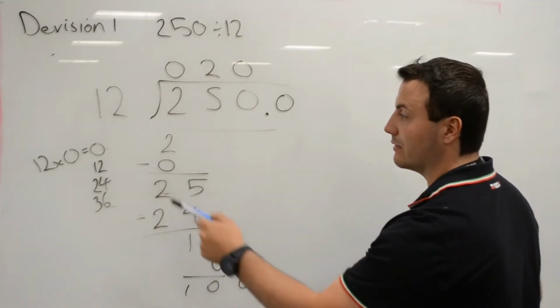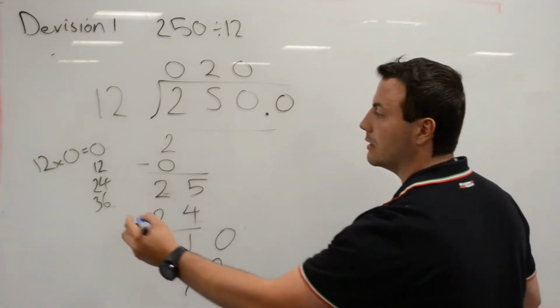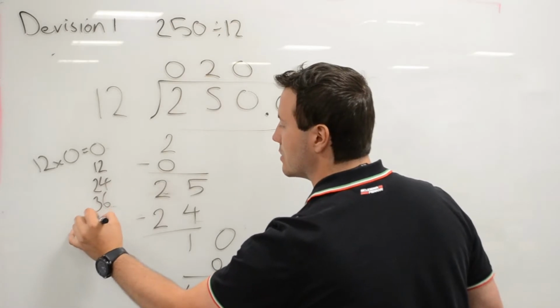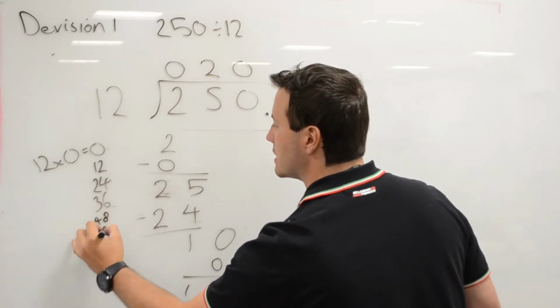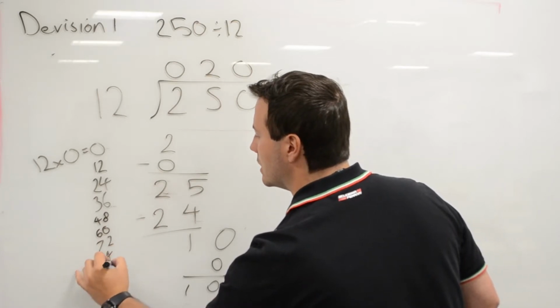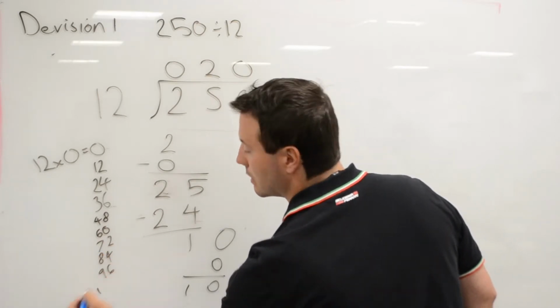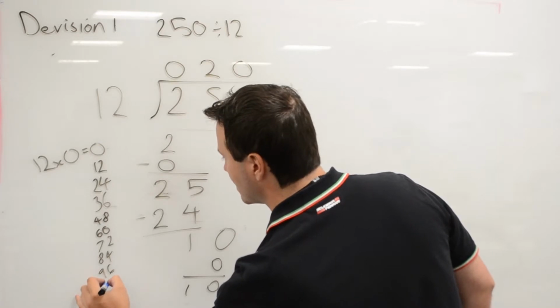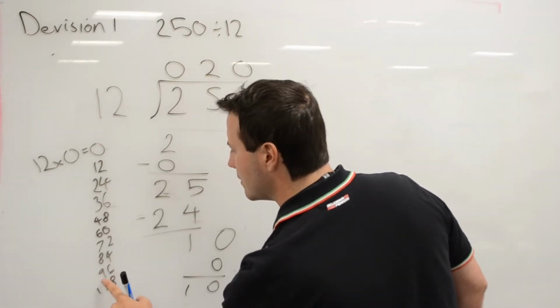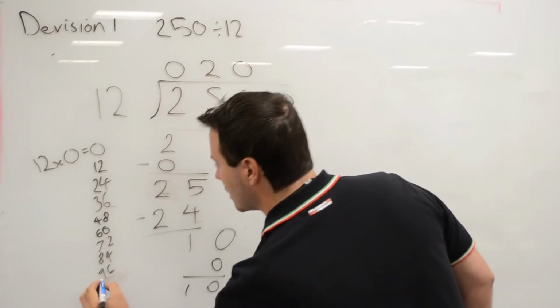then we would have 12 into 100. Just keep counting out in our 12 times multiplication here. So 36 goes to 48, 60, 72, 84, 96, 108.